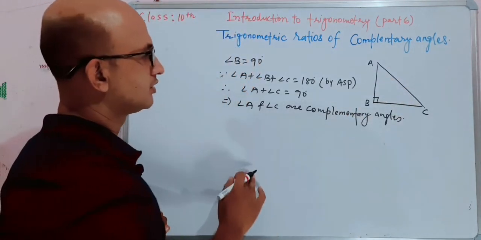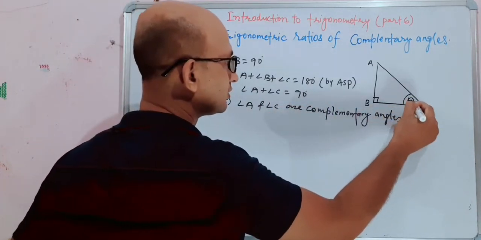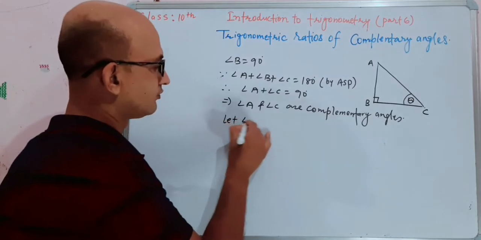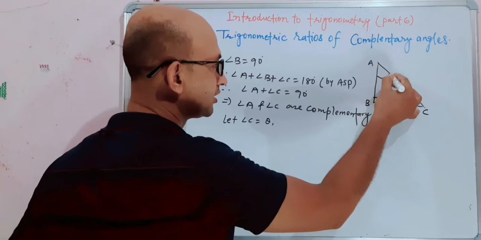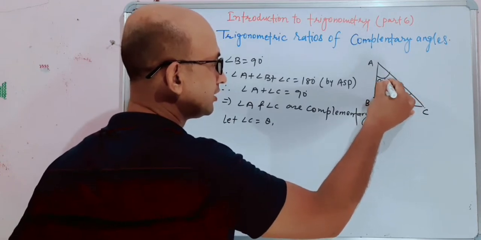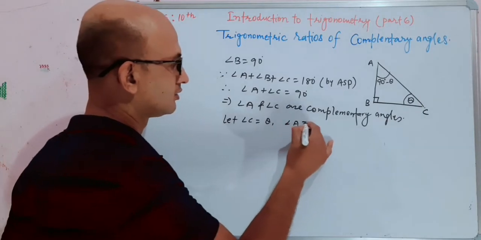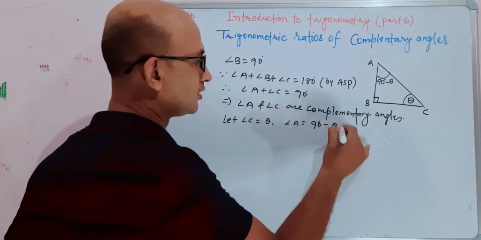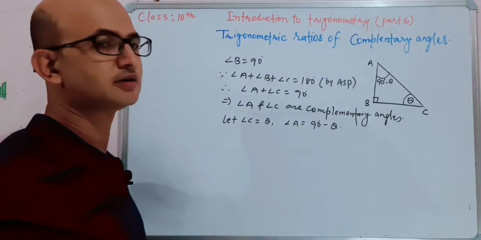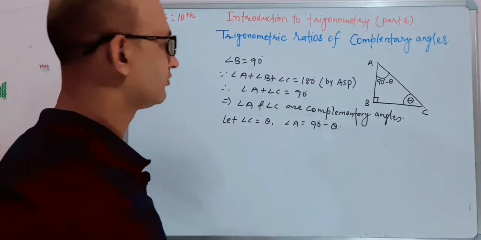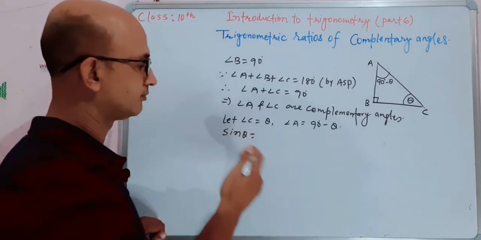If we consider angle C as theta, then the other angle, angle A, becomes 90 minus theta. Now let us find trigonometric ratios of theta and 90 minus theta one by one and try to relate them.